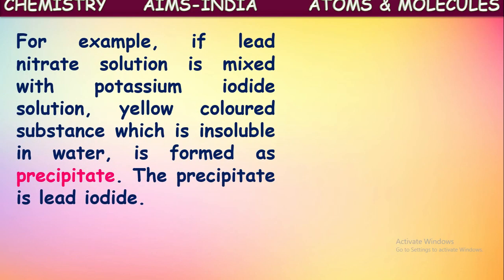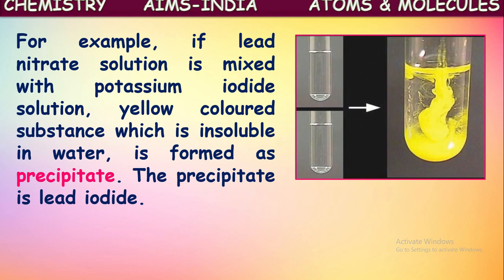For example, if lead nitrate solution is mixed with potassium iodide solution, a yellow colored substance which is insoluble in water is formed as a precipitate. So the precipitate formed is lead iodide. What we have taken initially, lead nitrate solution and potassium iodide solution, both are colorless solutions.